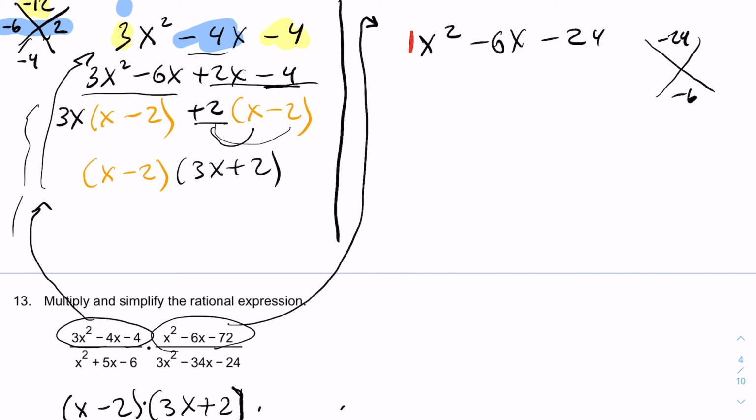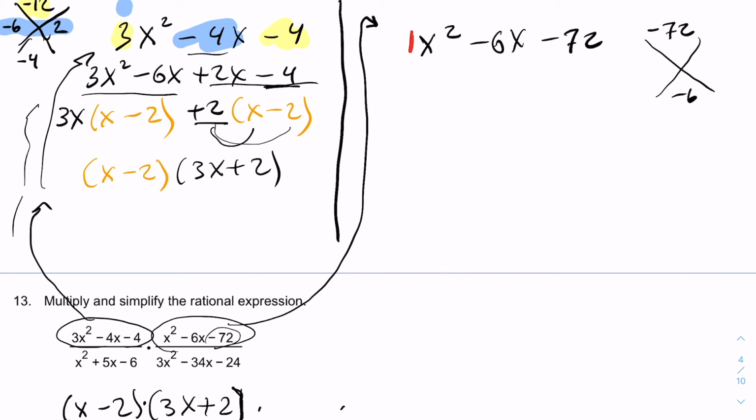Okay, I see that I copied that down incorrectly, just having a field day with errors. So these copying errors, this is x squared minus 6x minus 72. So that is a 72 right there. So I've got to modify that right there. And we're saying what multiplies to negative 72 and adds to negative 6? What multiplies to negative 72 and adds to negative 6?